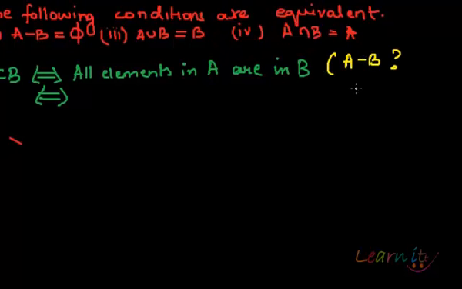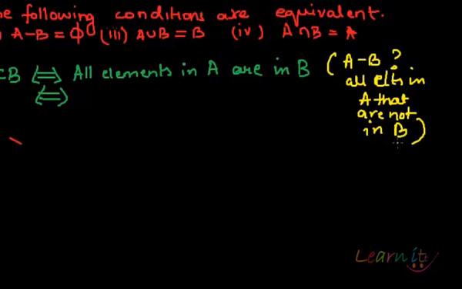Now what is A minus B? A minus B is all elements in A that are not in B. That's what A minus B is.